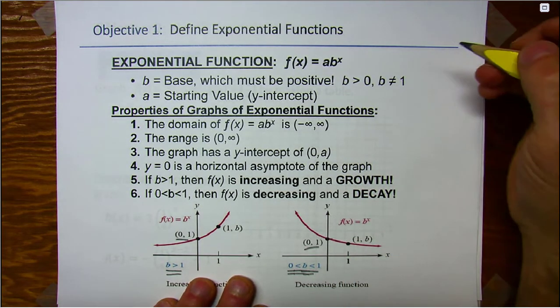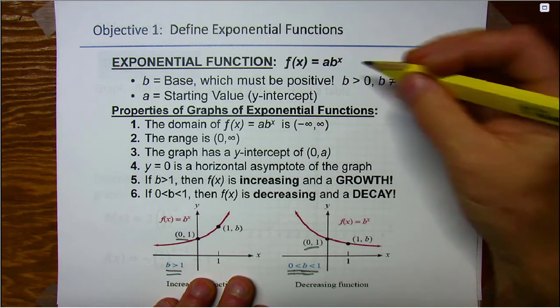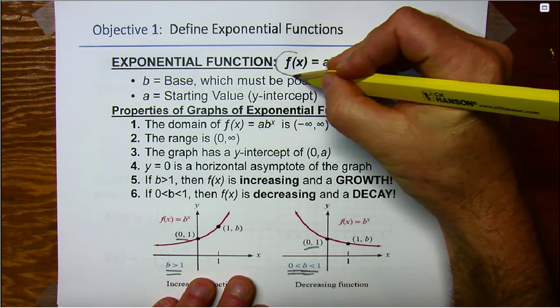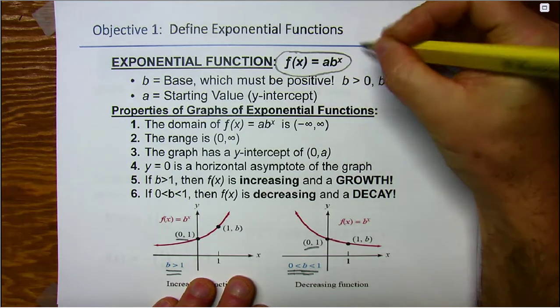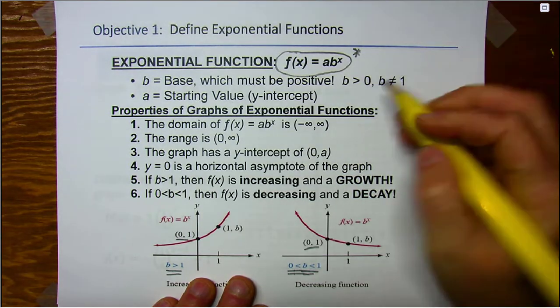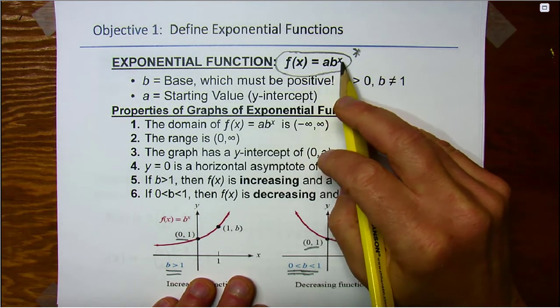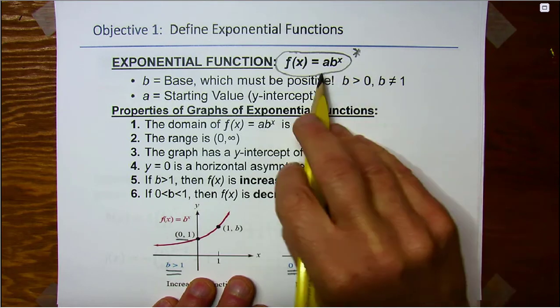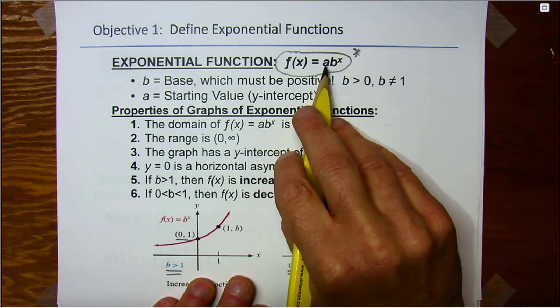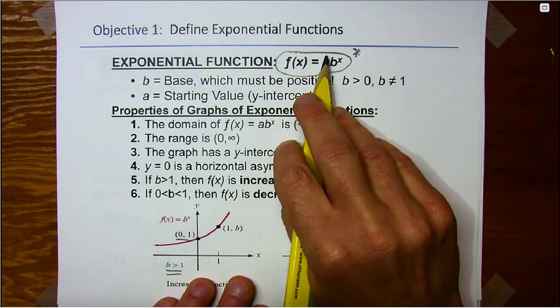A couple things to note about this graph. First of all, we can generalize this and say any exponential function, this is very important, any exponential function has to have the form a b to the x power. Now, because we were looking at simple cases, we let a be 1 so that we could pretend it wasn't even there.